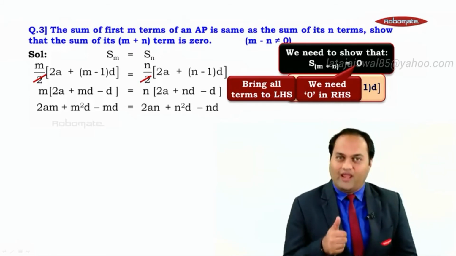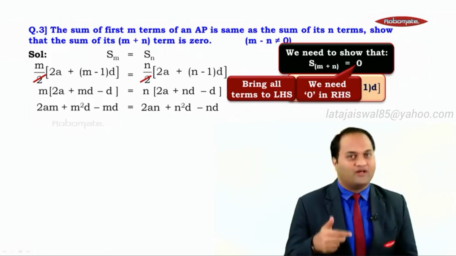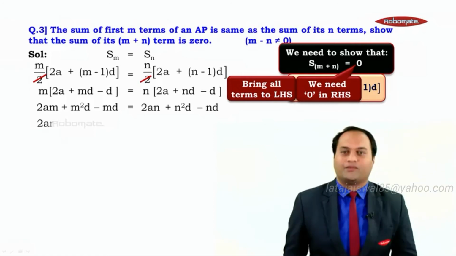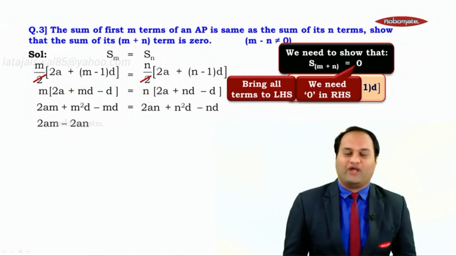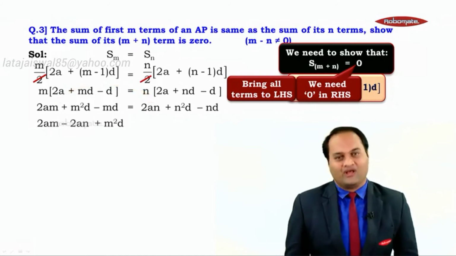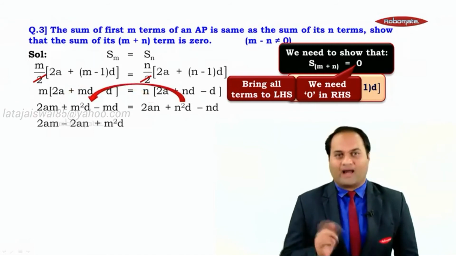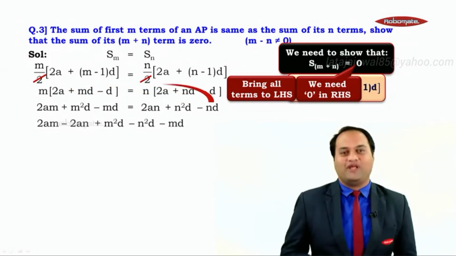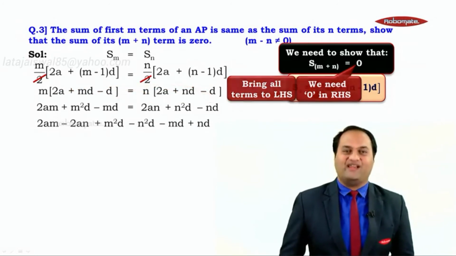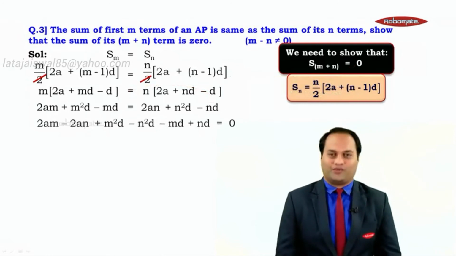Okay? Let's do it. 2am minus 2an, a terms together, plus m square d minus n square d, square terms together, minus md plus nd, d terms together is equal to 0.